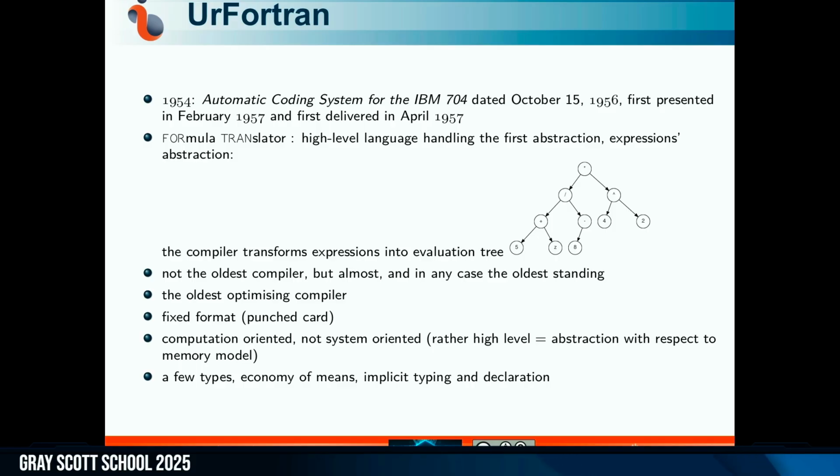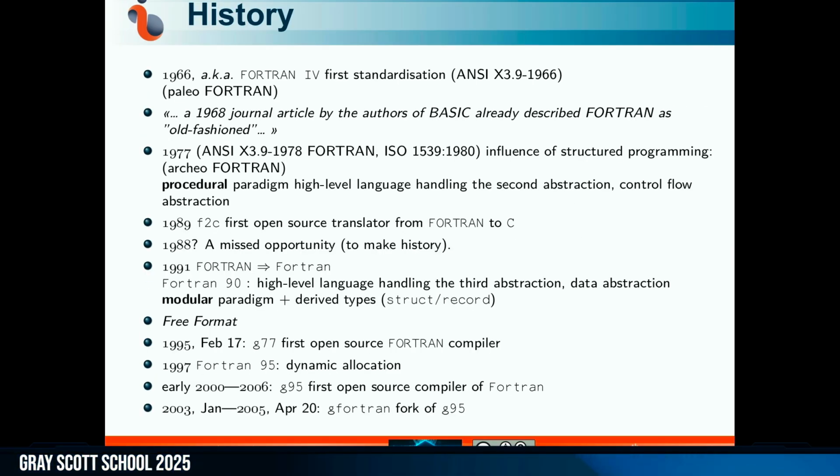It was rather computation-oriented rather than system-oriented, so it would be a pain to write an operating system in Fortran. And it had really few types: integer, floating point numbers, characters, and logicals, I mean Boolean.